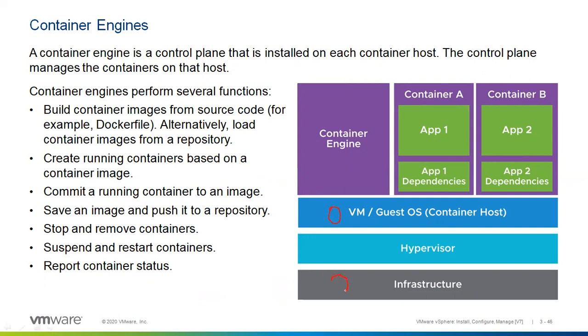You can see here, this is my hardware, this is the hypervisor. Now this is my VM, a guest operating system. This guest has a container engine, and by using this container engine, I am able to create a number of containers, and the containers have a micro operating system and the application.